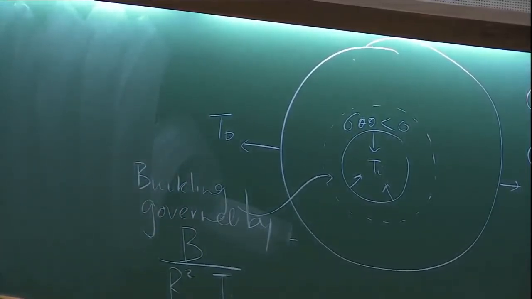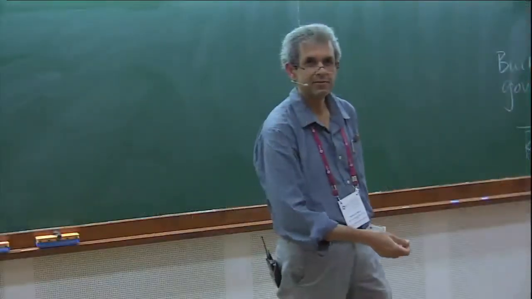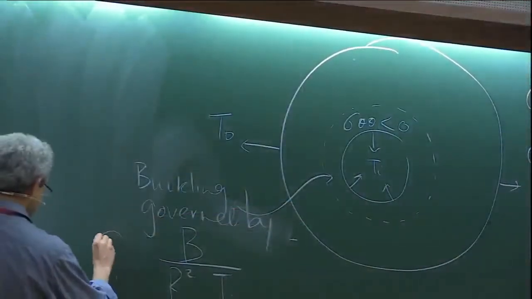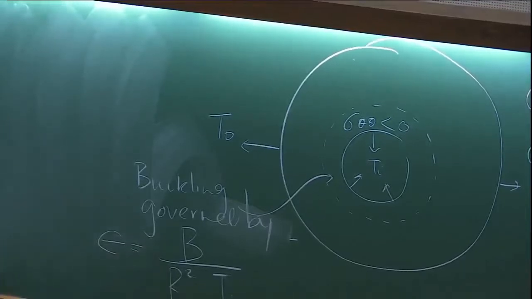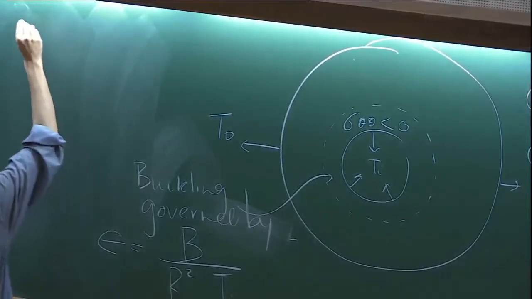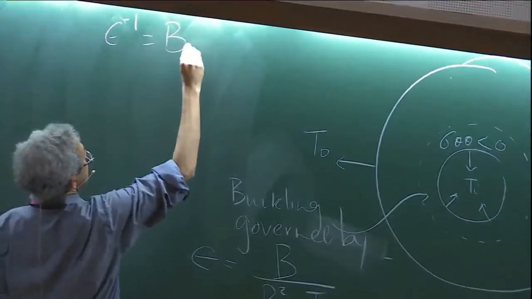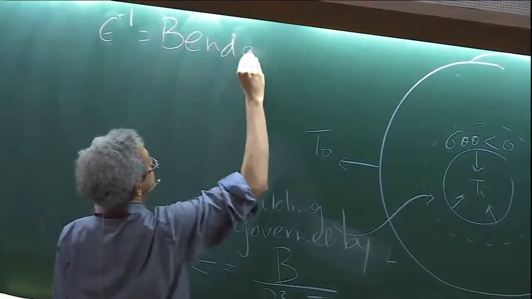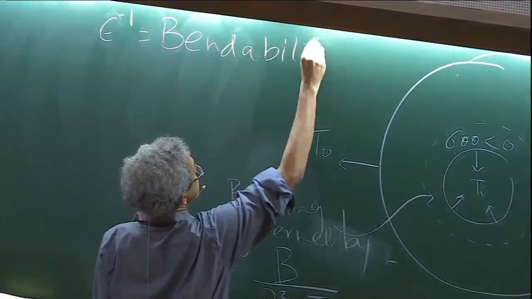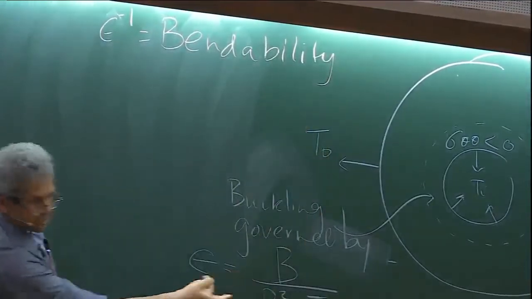You remember we've written B divided by W squared T in many places as the place where this thing buckles. I'm going to give this a name. And I think it's actually quite nicely named, but the symbol was poor. So the word for this is called bendability. Yeah? Something with small b is very bendable.